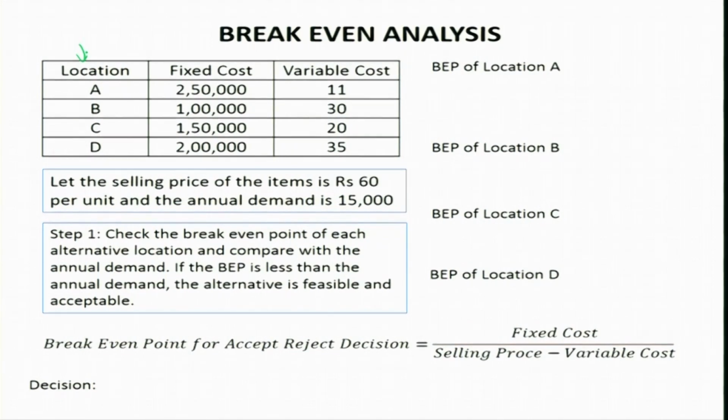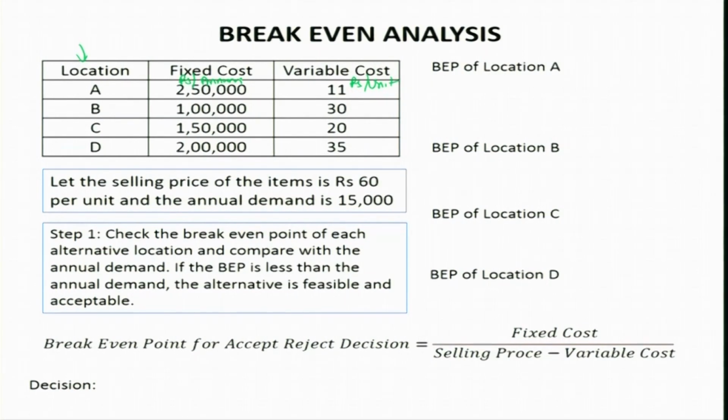For location A, fixed cost is 2,50,000 and variable cost is 11 rupees. We can write the units also: fixed cost is in rupees per annum, the annual cost, and variable cost is rupees per unit. Location B has a fixed cost of 1 lakh and variable cost of 30 rupees.